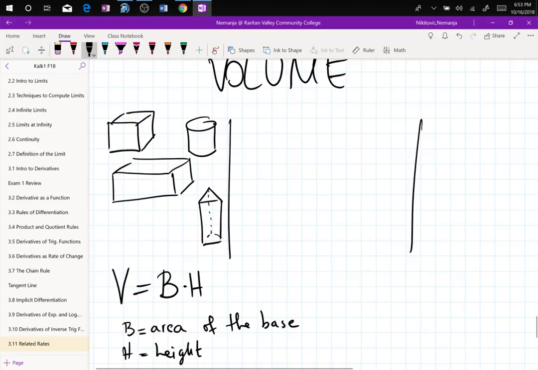You should be able to calculate those areas, and you multiply by the height of the object. So there's always a height associated with the object. When you are dealing with a cylinder, a cylinder has a circle in its base. If there's a circle, the area of that circle is pi r squared, and then times the height.